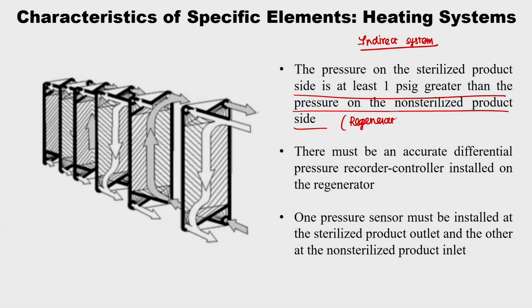So we have already discussed the plate type heat exchanger and its advantages. Here the plate type heat exchanger is nothing but a stack of plates. So on one side my heating medium is passing, and on the other side my product is fed. So this is in counter current flow.